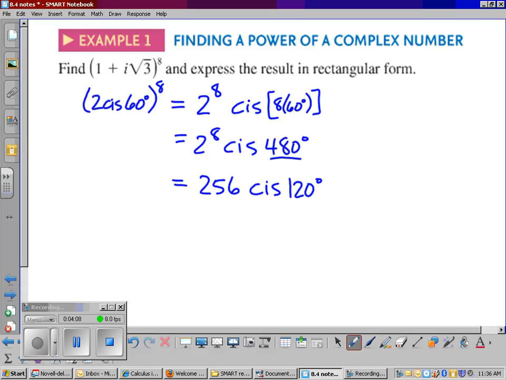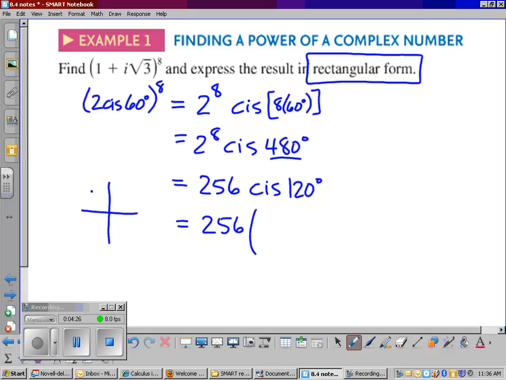You're only going to get one answer when you're raising a number to a power. Now I want to convert this back to rectangular form, so pay attention to your instructions. And to do that, it's just 256 times cosine of 120. Remember that when you're evaluating cosine or trig values, there's a plus or a minus, which comes from what quadrant the angle is in, and there's also the value of that. So I have a reference angle of 60, but 120 is in quadrant 2.